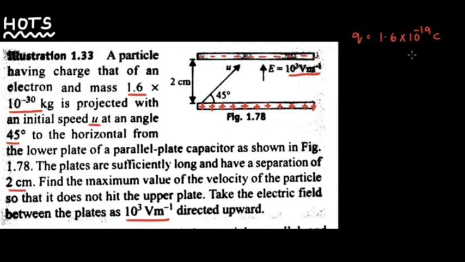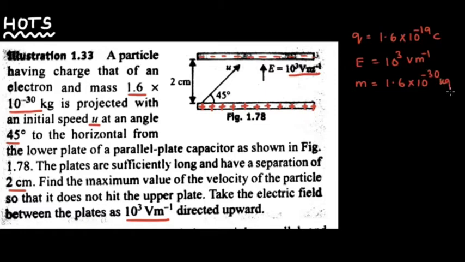So in the question we have a negative charge having value 1.6 into 10 to the power minus 19 coulomb, but I have written only the magnitude. And the electric field is how much? Electric field is 10 to the power 3 volt per meter, and it is given that the mass of the charged particle is 1.6 into 10 to the power minus 30 kg.